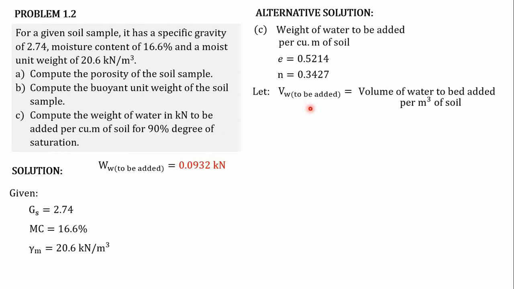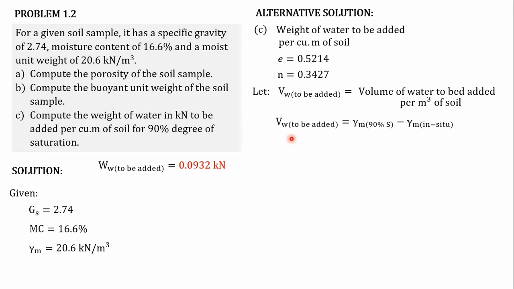So another solution, same lang din, no? So assume na tayo na VW to be added is equivalent to volume of water to be added per cubic meter of soil.